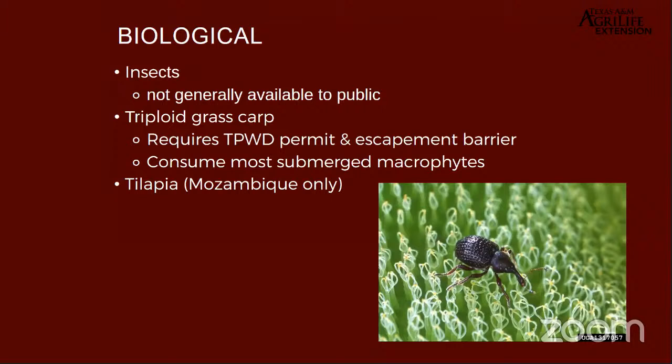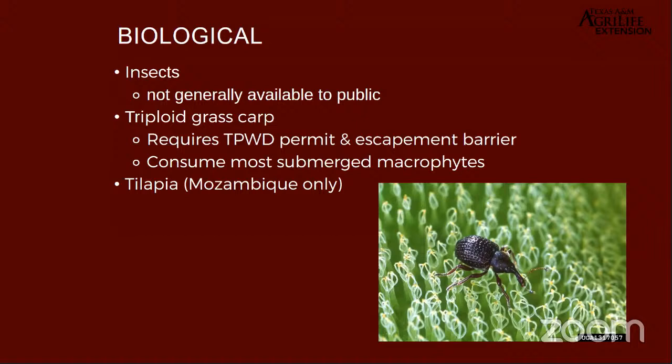Moving on to biological control, this is the form of control that uses other organisms to eliminate or decrease the presence of pests. So typically when you think of biological control for aquatic vegetation, you might think of insects like the Salvinia weevil and the alligator weed flea beetle that has been in some of our news releases, or Texas Parks and Wildlife Department puts out a lot of information on them.